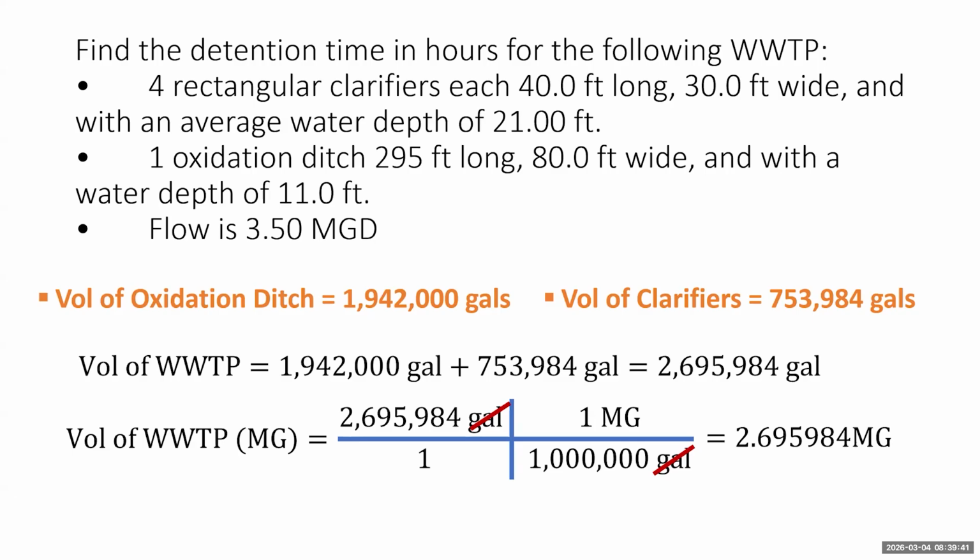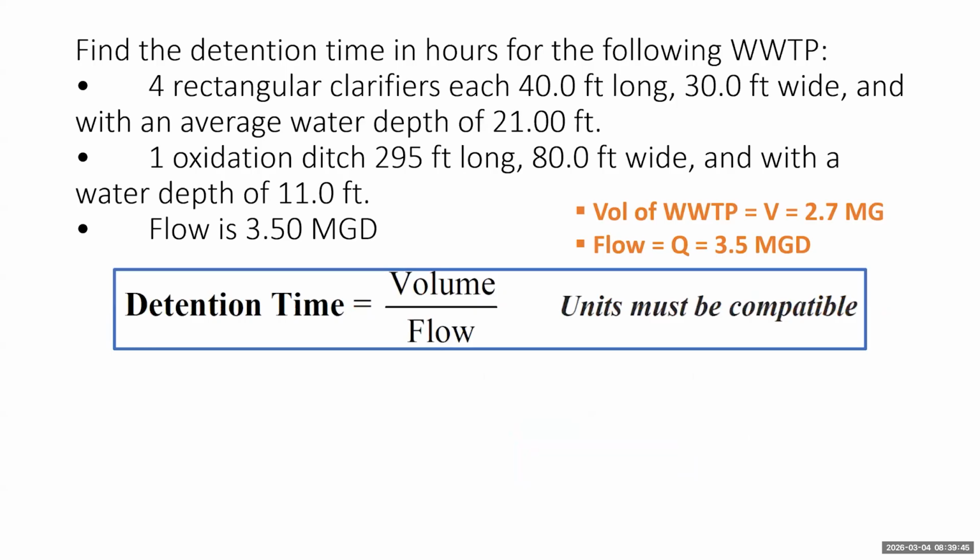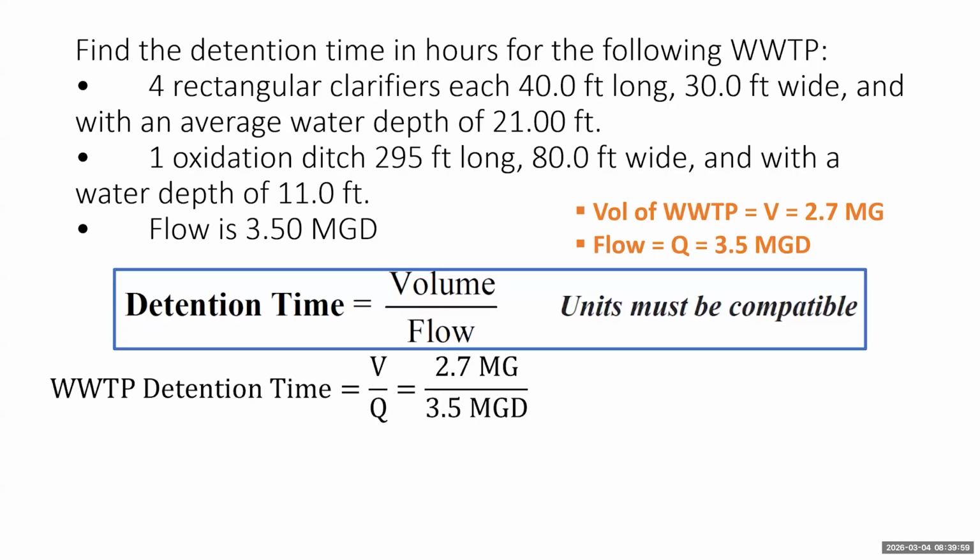The units match, so we can go back to the equation that we were looking at the beginning. Detention time is volume over flow. Are our units compatible? Million gallons? Yes, they're compatible. So we can do the math of 2.7 divided by 3.5, and that gives us 0.77 days.